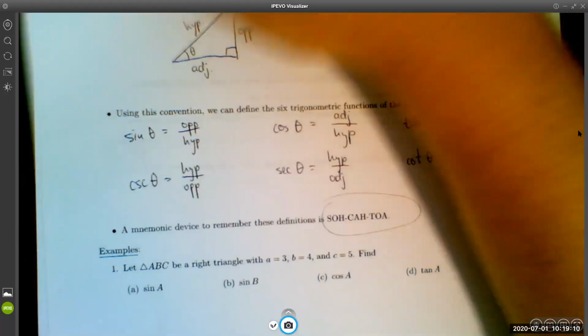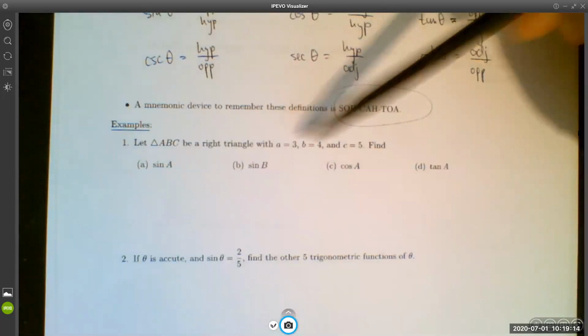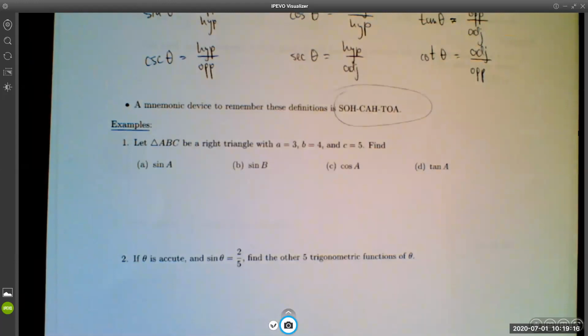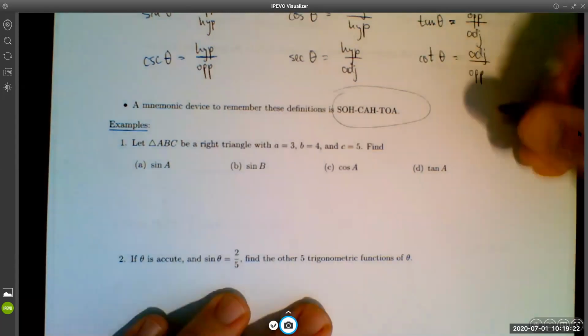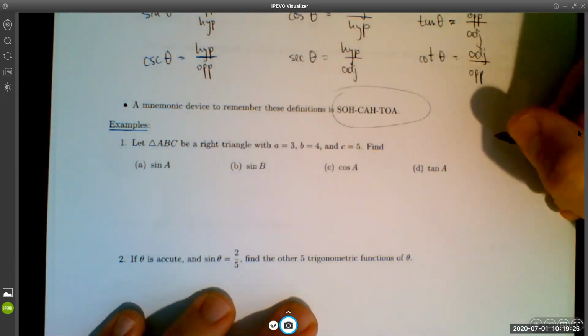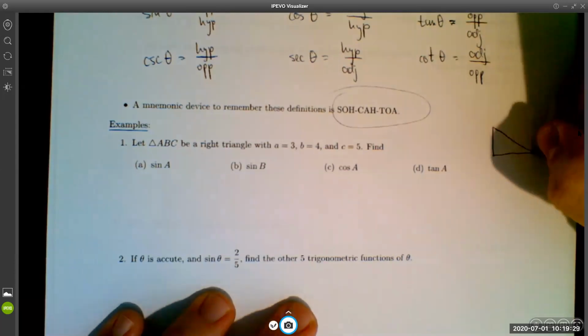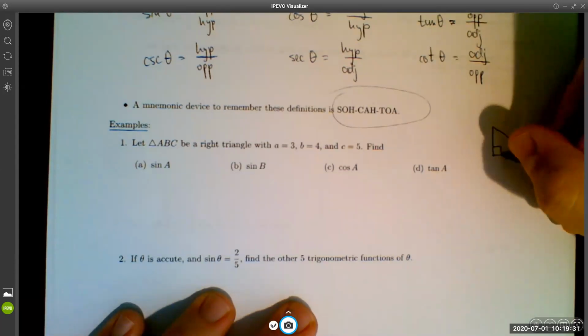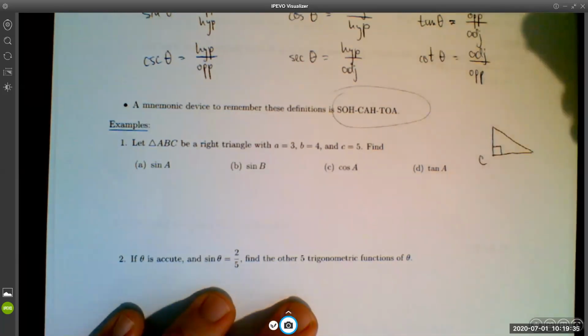So let's say that triangle ABC is a right triangle. A is 3, B is 4, and C is 5. First of all, to help us remember, this is a convention that we're going to use when we deal with trig, or just triangles in general: the angles are given uppercase letters, and the right angle is almost always C, right?